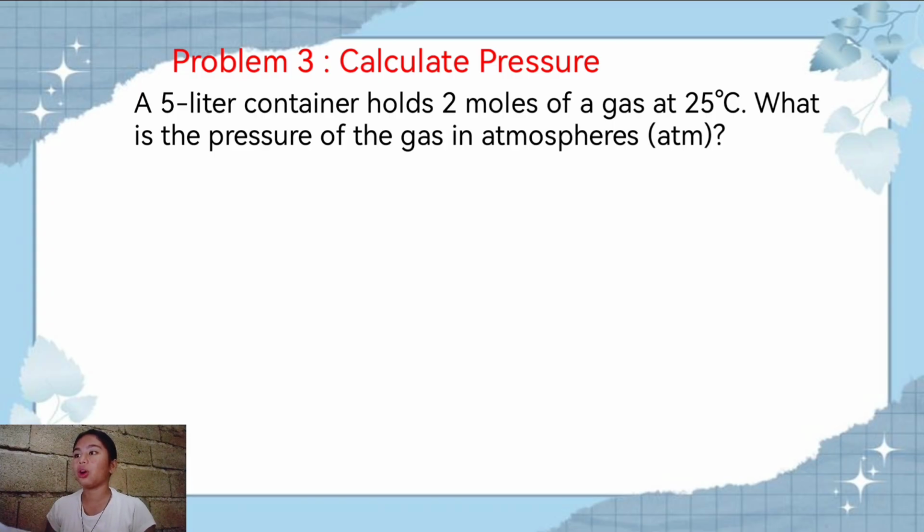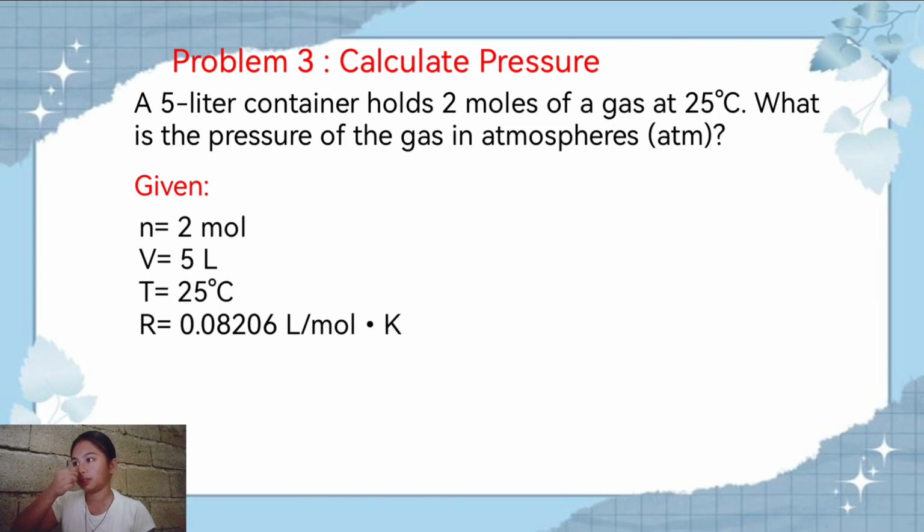So next, for our third problem, let's move on to finding the pressure. A 5-liter container holds 2 moles of gas at 25 degrees Celsius. What is the pressure of the gas in atmospheres or atm? So, since degrees Celsius man ang gihatag nga temperature, we have to convert that into Kelvin. So, the given are n equals 2 moles, V is 5 liters, T is 25 degrees Celsius, R is 0.08206 since ang atong pressure is in atm.